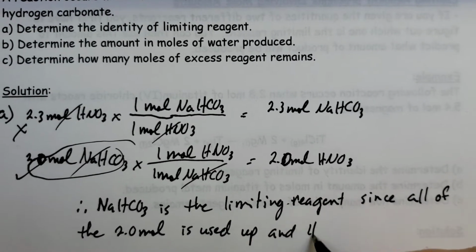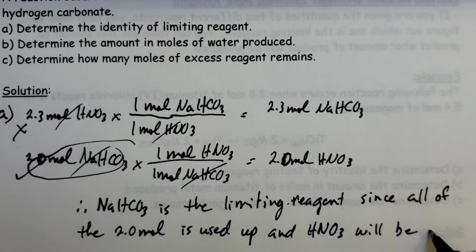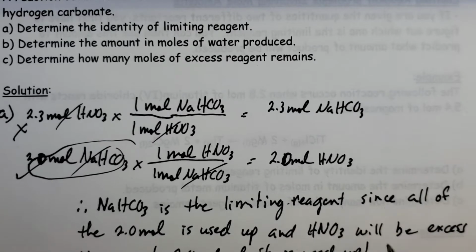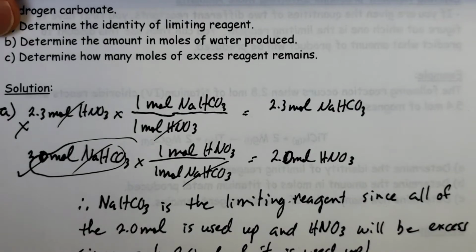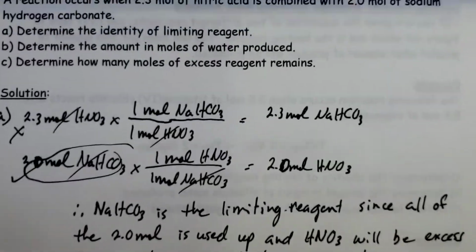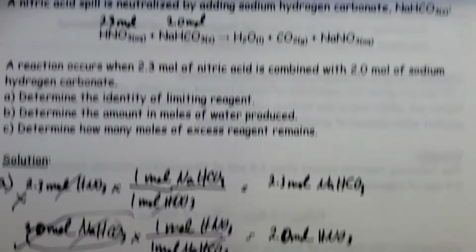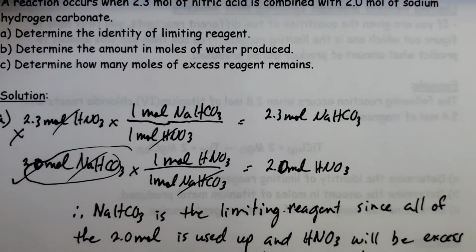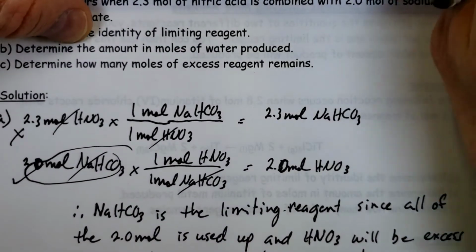And of course, HNO3 will be in excess, since only 2.0 moles of it is used up. Okay? So yes, we can see that we use up all of that sodium bicarbonate. 2 uses up 2. So you can see I'm going to have extra nitric acid left over there.